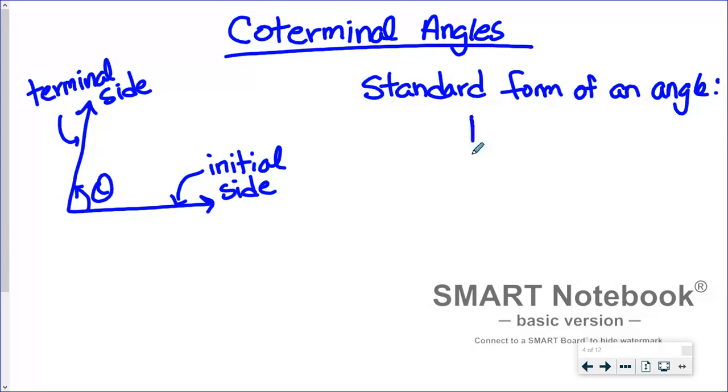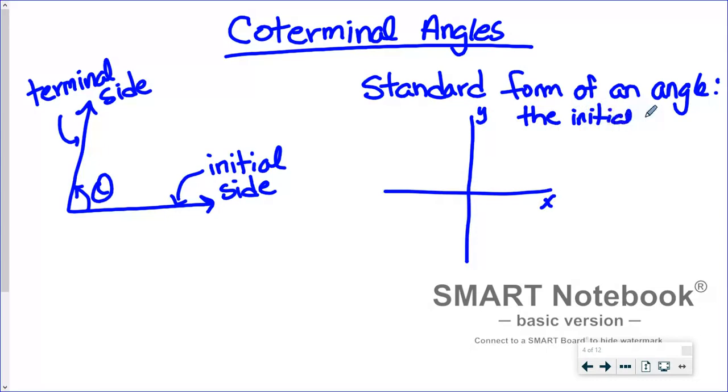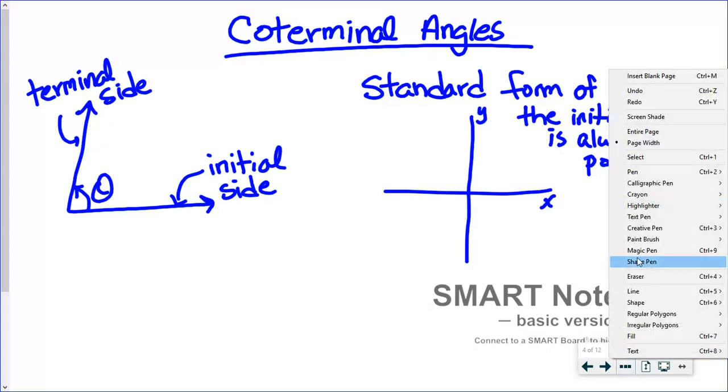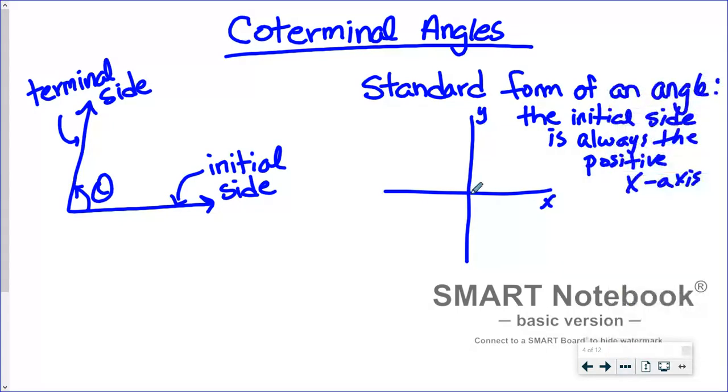If we think of our typical x, y coordinate grid, in standard form, the initial side is always the positive x-axis. So we're always going to start from here.